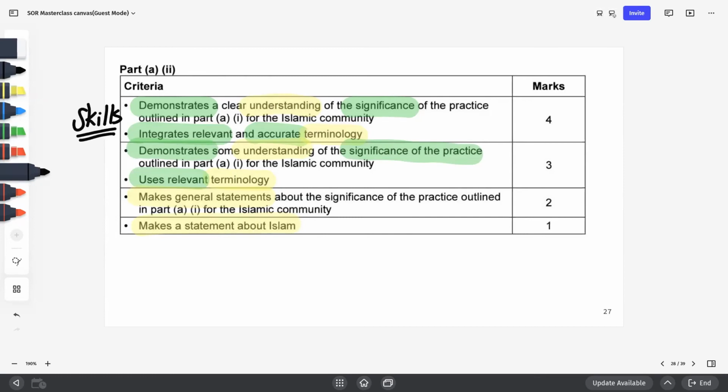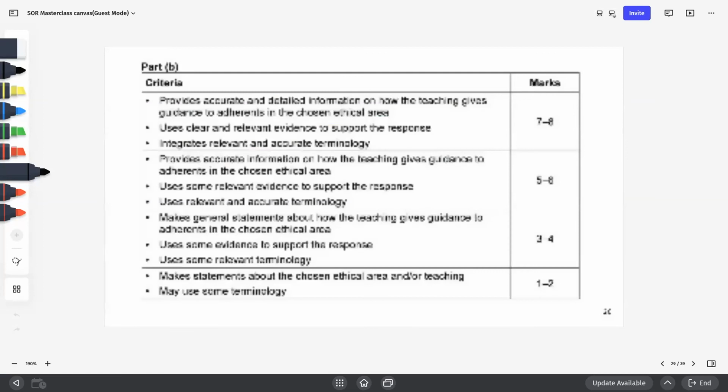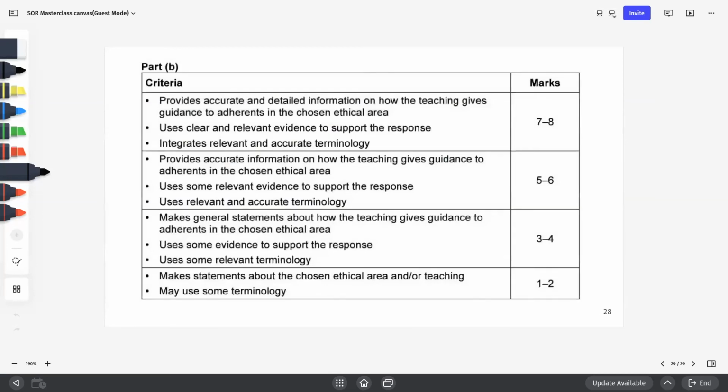So it's not just that the trial marking criteria does it that way. This is HSC marking criteria. It's doing exactly the same thing. This is the 8 marks this year. So the 8 marks, you can see the same thing. So if we go to skills, it uses clear and relevant evidence in support of the response, integrates the terminology.